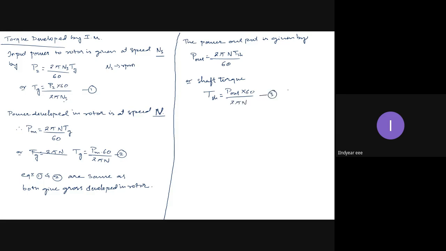This is equation 3. So this is gross torque, where Tg is gross torque.